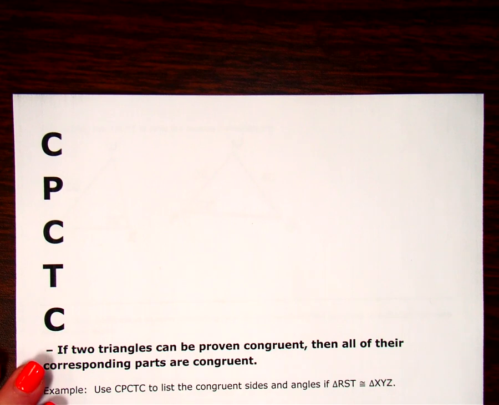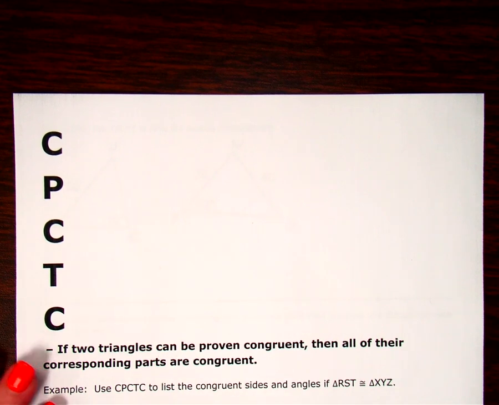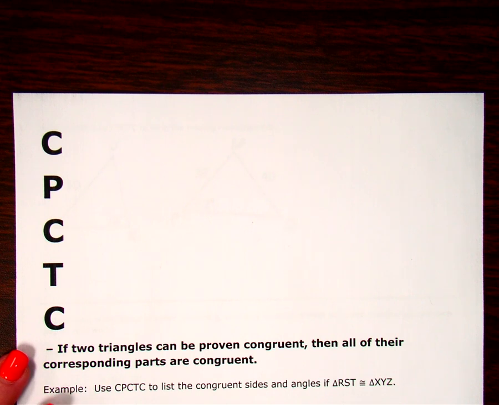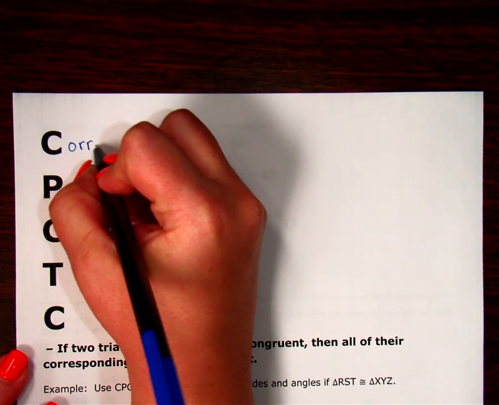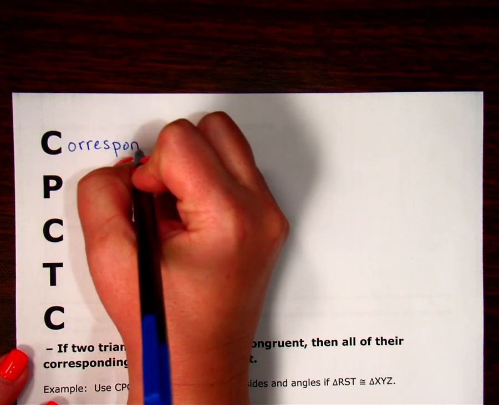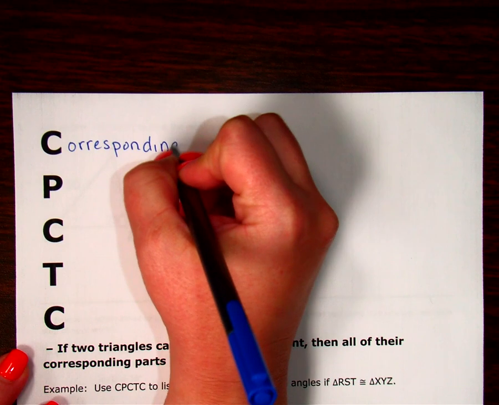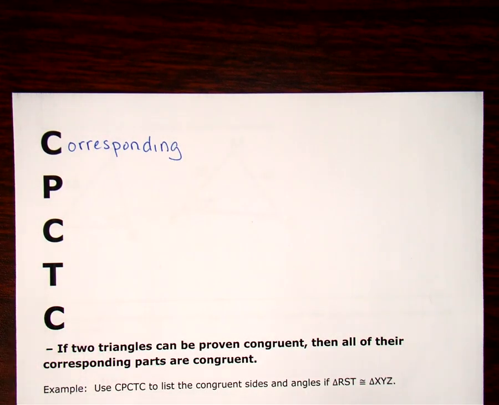Okay, and so we have this acronym CPCTC. Sometimes I remember the order of it by saying cuddle puppies because they're cute, but that is not what it stands for. It stands for corresponding parts of congruent triangles are congruent. And remember, corresponding means you're in the same position. You correspond to one another.